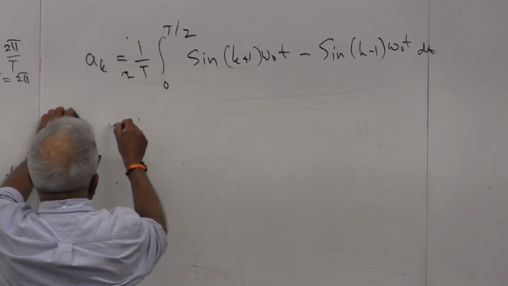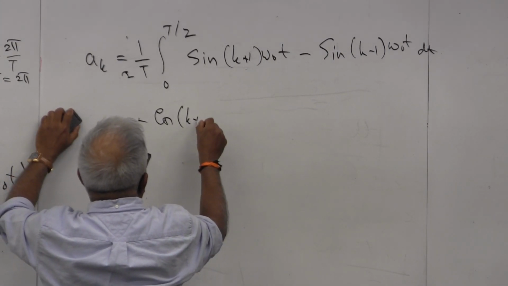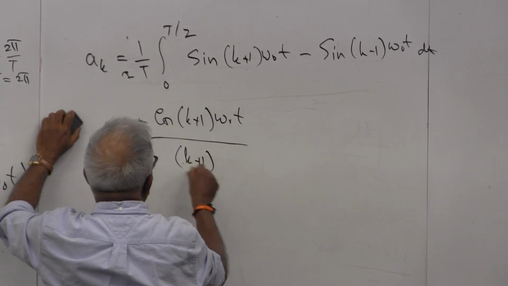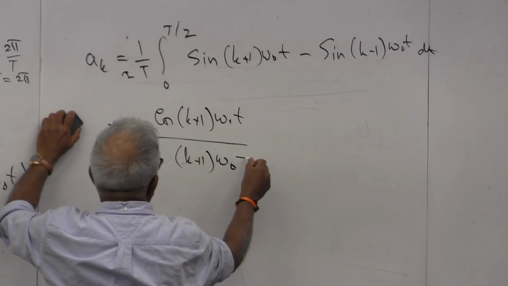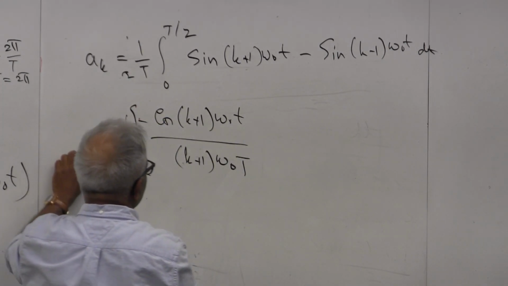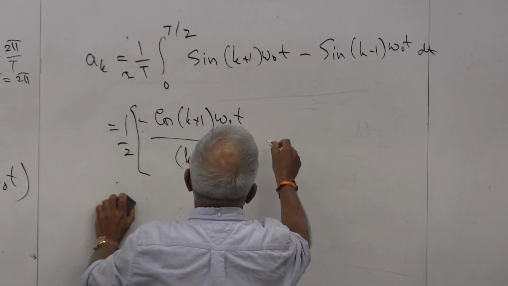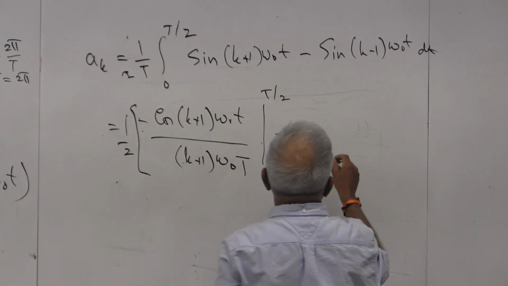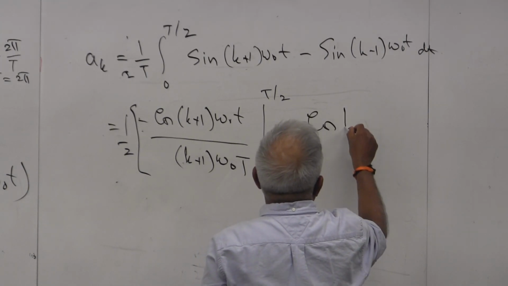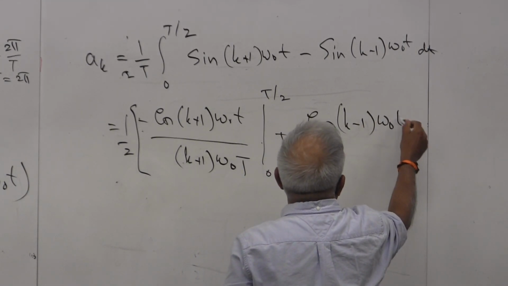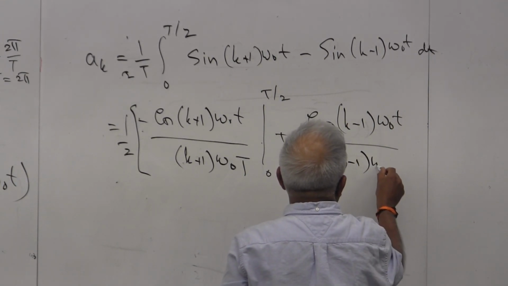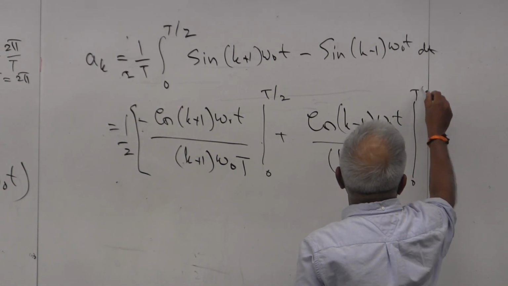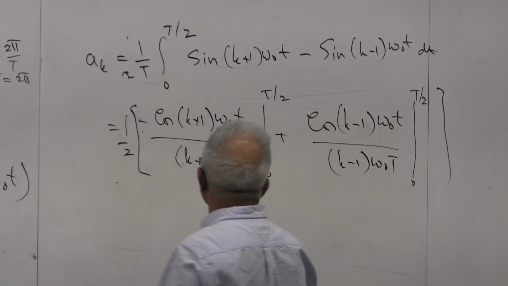Then the integral of sine, so that's minus cos k plus 1 omega naught T over k plus 1 omega naught. There's a T here, so then I'll only pull out half. This from 0 to T by 2 minus plus cos k. This T is coming from here, and upper limit 0 to T by 2. So you just do it like this.